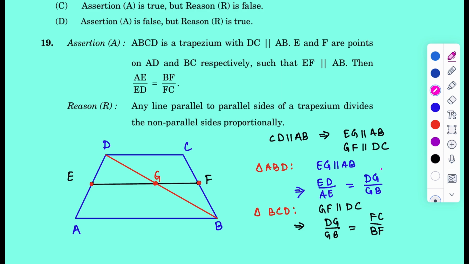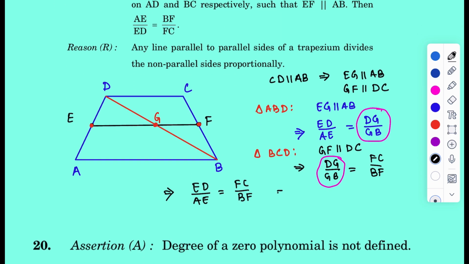Now we can see over here these two things are the same, so this implies that ED by AE is equal to FC by BF.